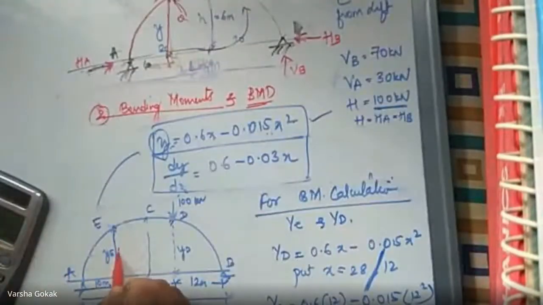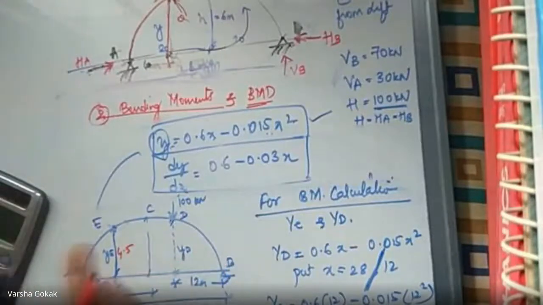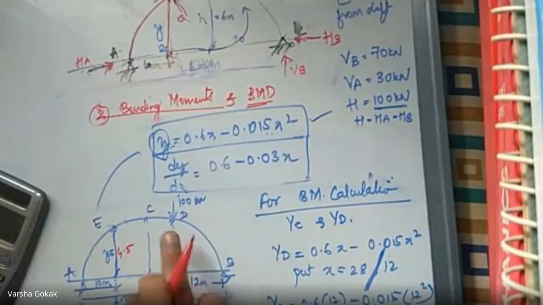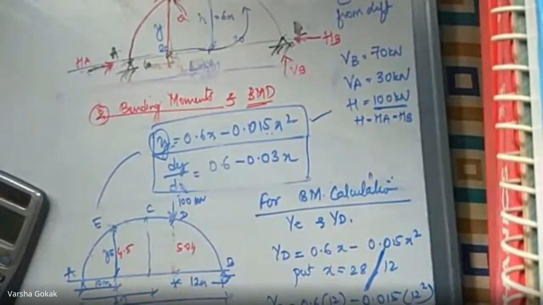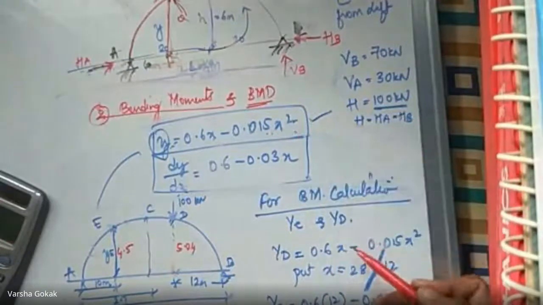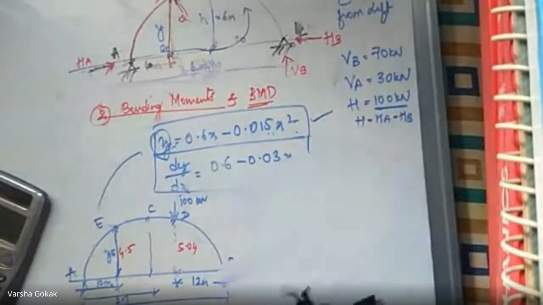I'll just write down the values. YE I'm getting 4.5 and YD I'm getting how much? 5.04. Correct. So using this equation, we found the two values of y. That is why that parabolic equation is important.